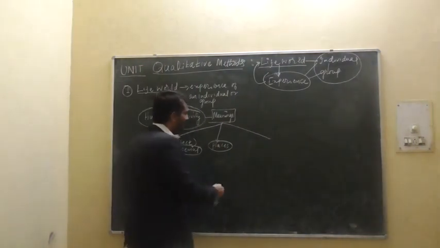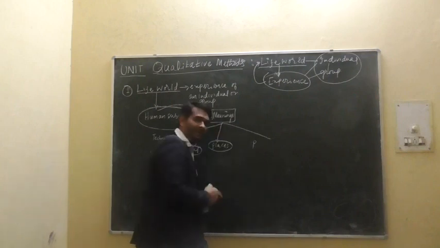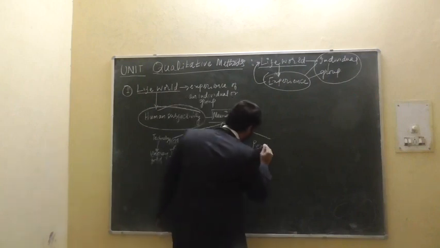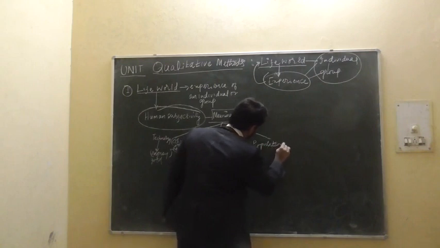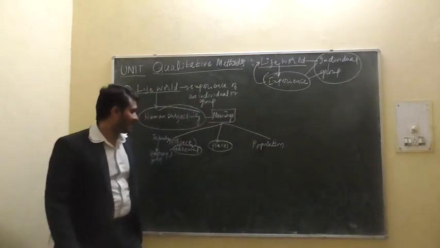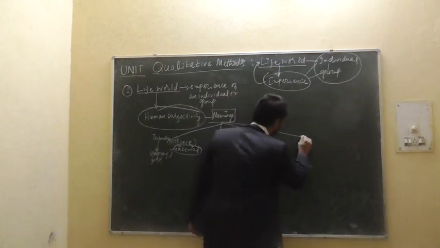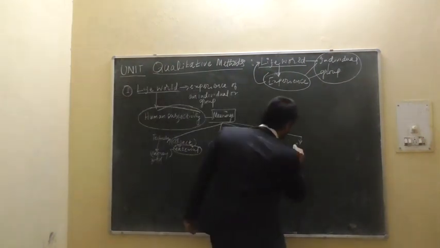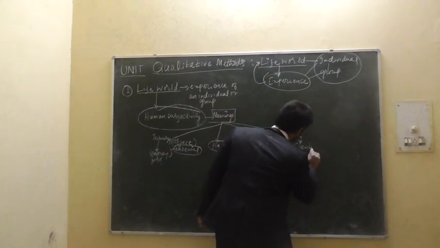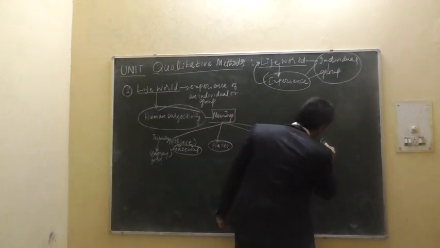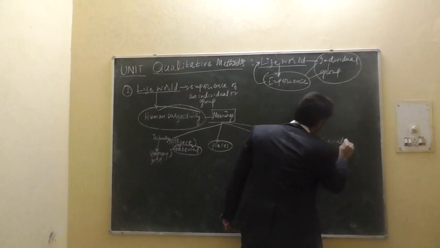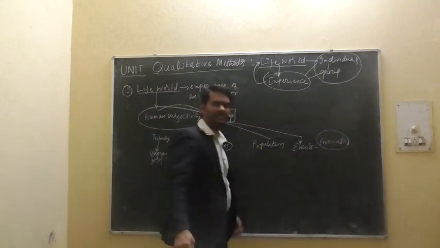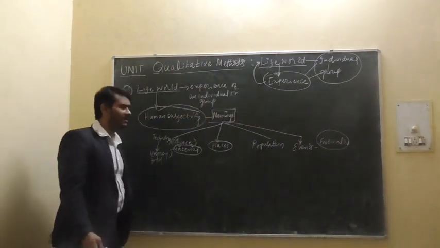We also associate certain meanings towards certain sections of the population. At the same time, we also attach certain meanings towards certain events, for instance certain festivals, celebrations, or certain ceremonies which happen within the society.